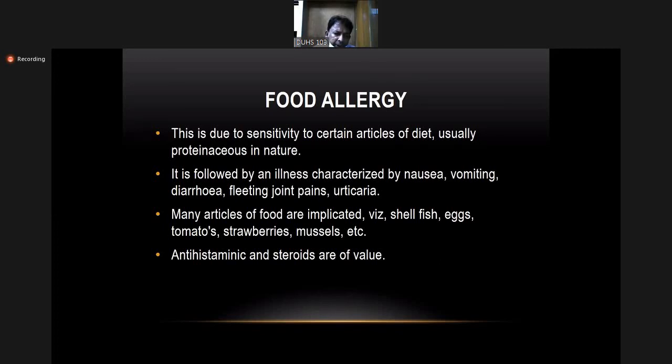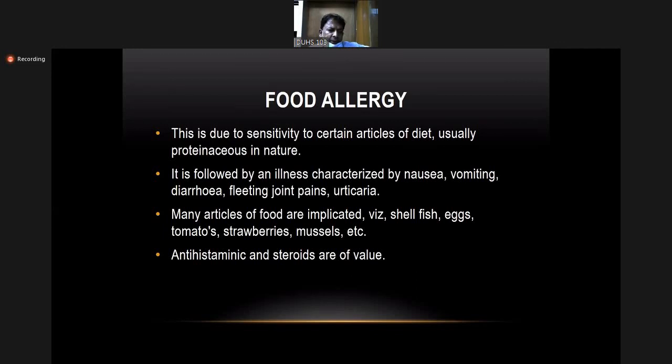It causes nausea, vomiting, diarrhea, joint pain, and urticaria. Many articles of food are implicated, like seafoods such as shellfish, eggs, tomatoes, strawberries, and mussels. Particular persons are allergic to a certain food, which may cause food allergy and not poisoning.